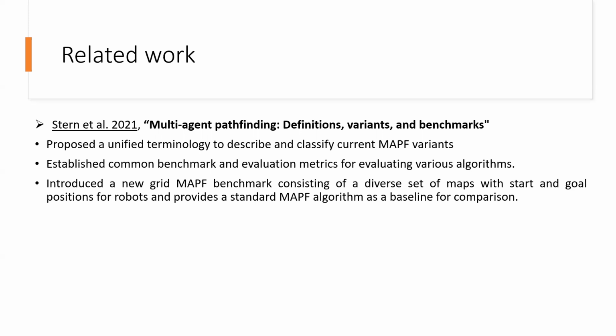It also establishes a common benchmark and evaluation metrics for evaluating various algorithms. It introduces a new MAPF benchmark suite, which consists of a diverse set of maps with start and goal positions for robots. It also provides a standard MAPF algorithm as a baseline to compare different implementations of MAPF algorithms.